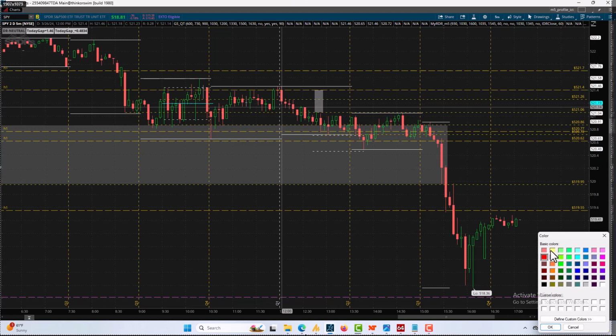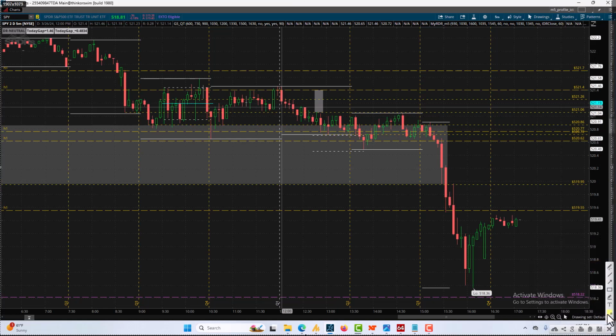So basically right here we have a false breakout. In this case there is an order block, fair value gap, retest, and it also has another phenomenon, a fair value gap.